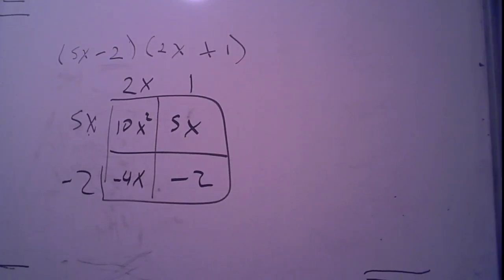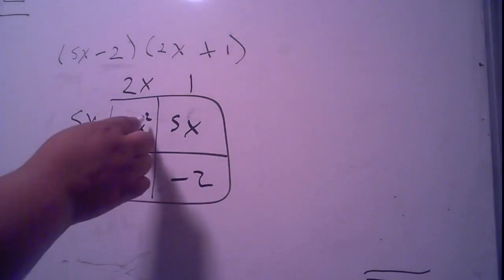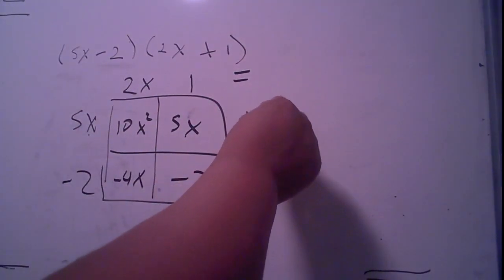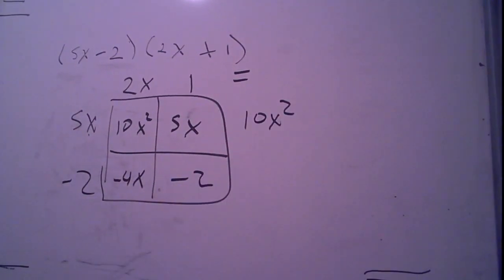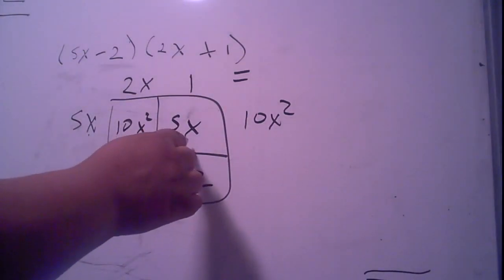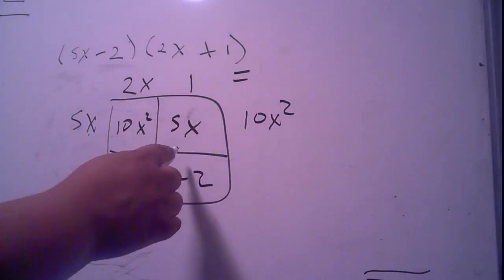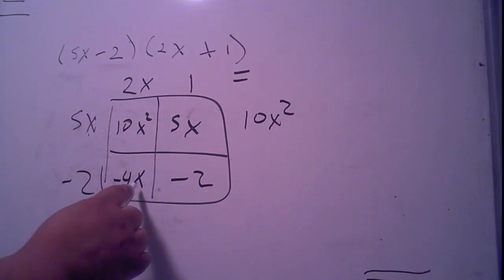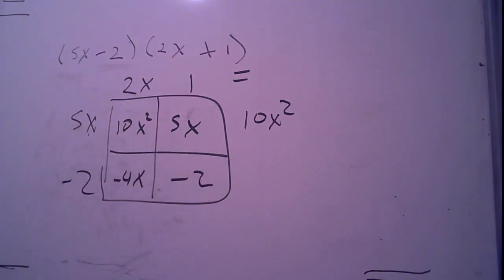Now, our final step is to collect terms. Like I said in the previous example, I don't see another x squared, so all we have to do is write it down. So the answer is going to start with 10x squared. Then it's going to follow with the first degree monomials. So negative 4 plus 5 is what?